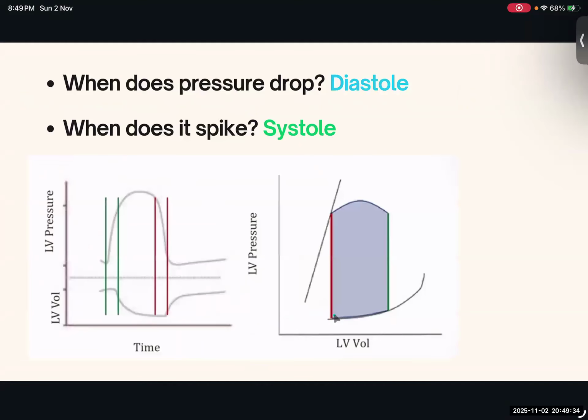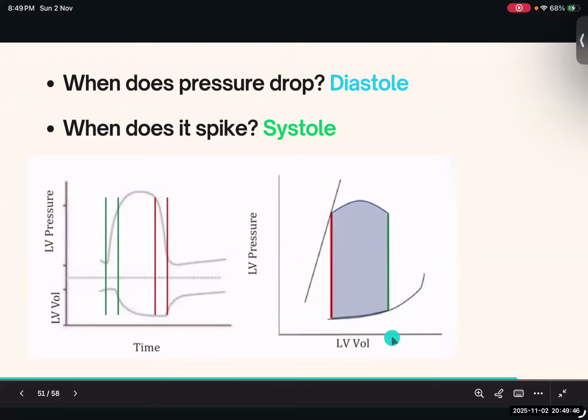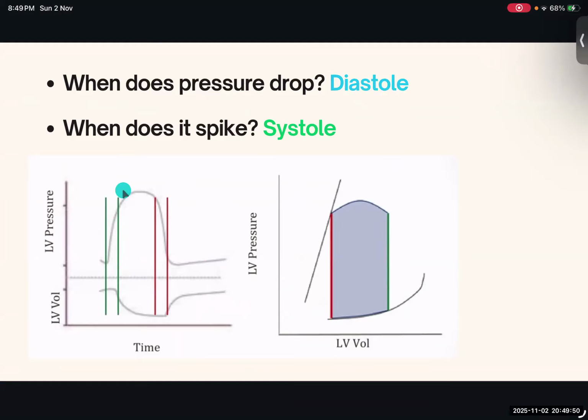Now, when does blood pressure spike? It spikes during systole, right? With this big jump here, if we look at the pressure on the y-axis, this big jump right here is going to coincide with this part of the cardiac cycle.